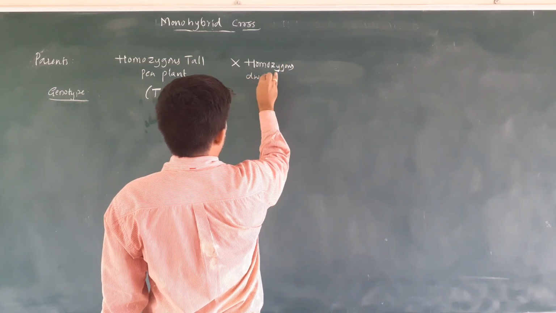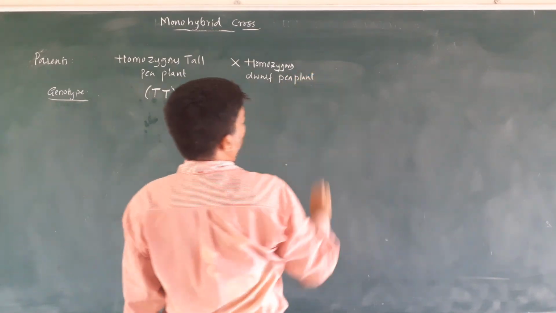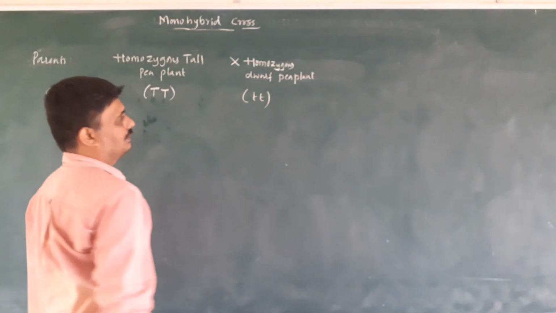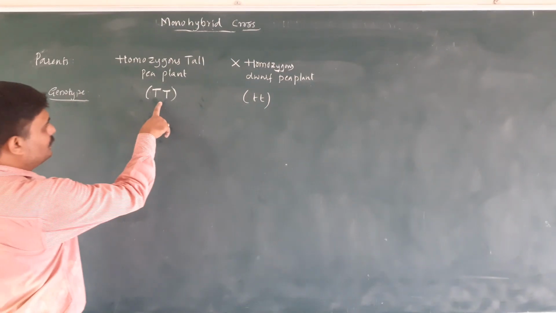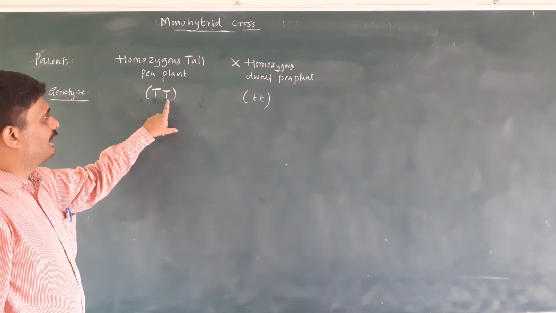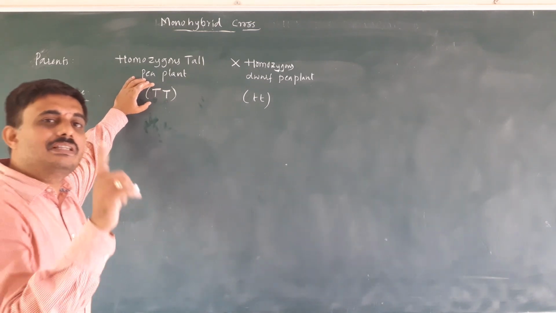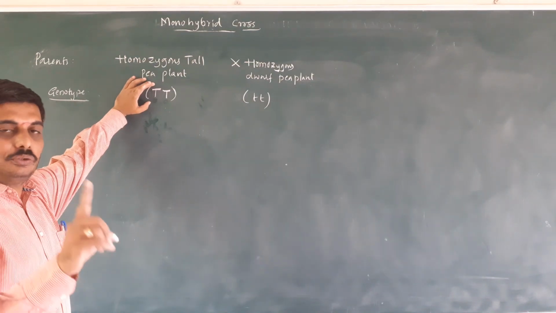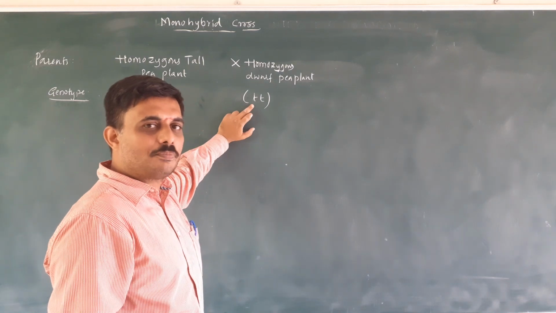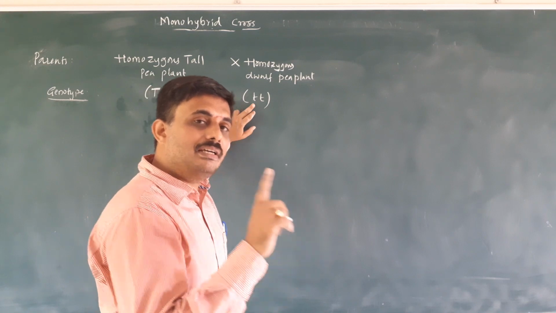He crossed the homozygous tall pea plant with the homozygous dwarf pea plant. The homozygous dwarf pea plant is small t and small t. The tall plant produces two gametes, capital T and capital T, which are similar types of gametes. The dwarf plant is also homozygous, so it also produces two gametes of similar types.